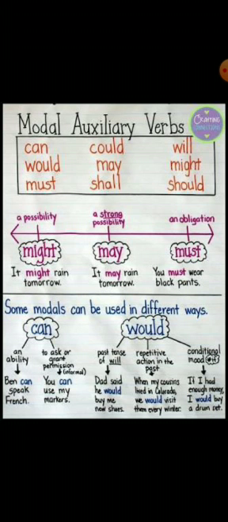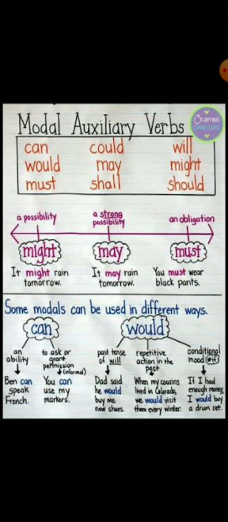For permission, another example: may I go out from this room? May I come in? For blessing: may God bless you. May you achieve very good marks in your exams. These are some sentences which we use for modal may.